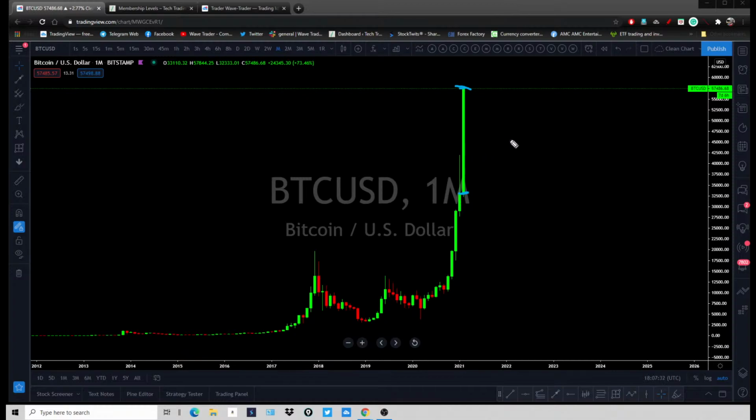What is going to be next? A similar kind of candle for more upside, or a huge drop to the downside. So it's very volatile and very uncertain right now for the next move.